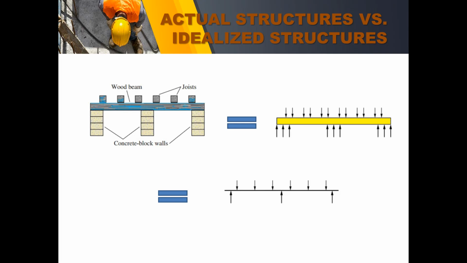In here, we have a model wherein the concrete block walls will serve as the vertical support. In it, we have the wooden beam and the girder underneath.